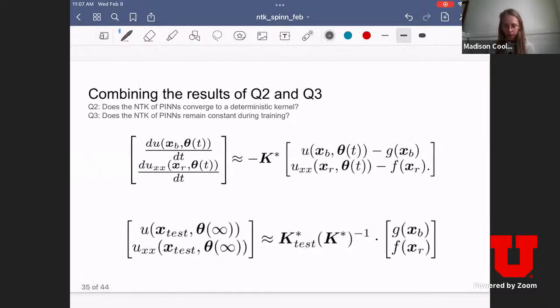I'll talk about that more in a second, but this also tells you that you can approximate the network's outputs for arbitrary test data during gradient descent if you specifically consider t approaching infinity. And this is equivalent to kernel regression, in their derivation.